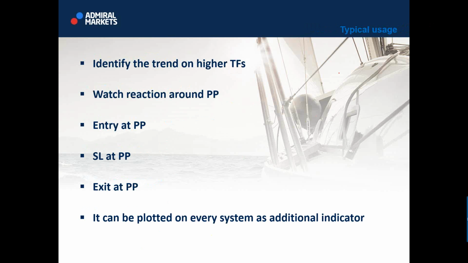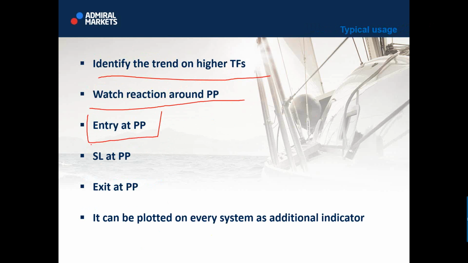Now, typical usage of pivot points is to identify the trend on higher time frames and watch the reaction around pivot points. Entries are made around pivot points. You know about it, okay?